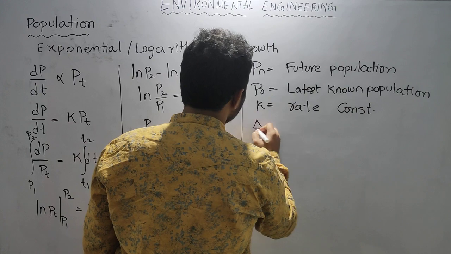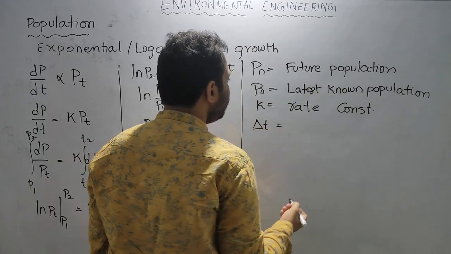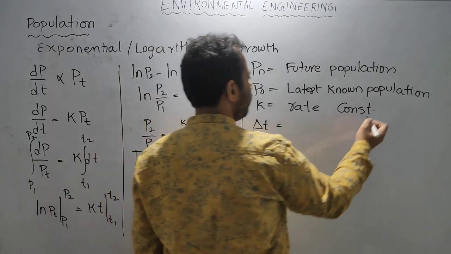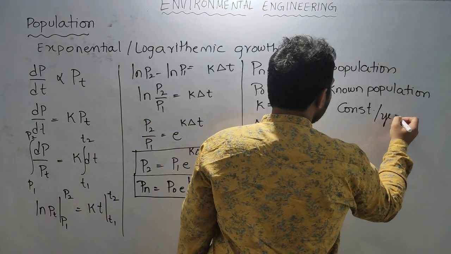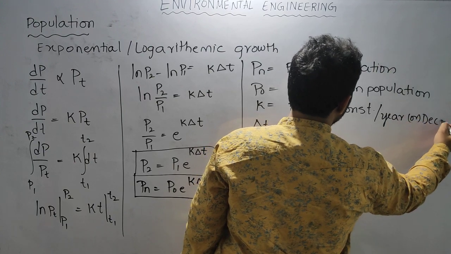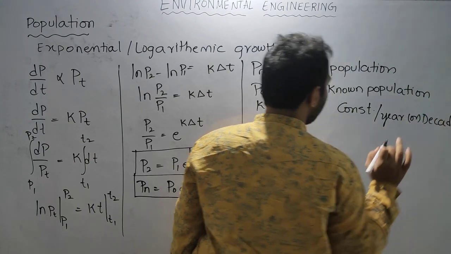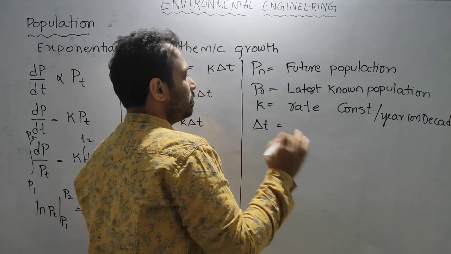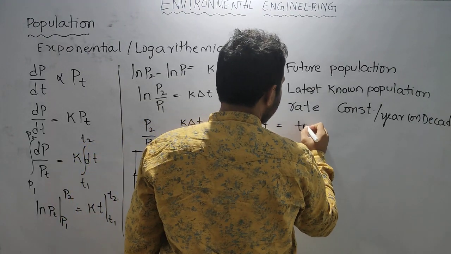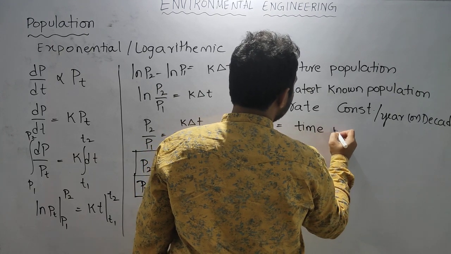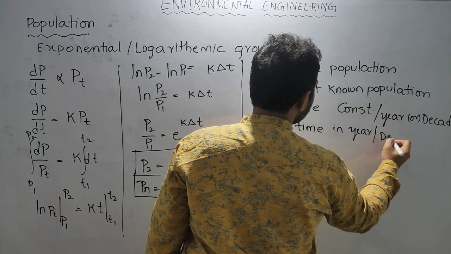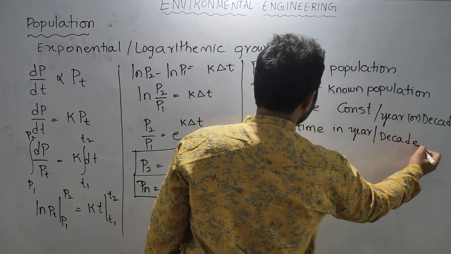Rate constant may have any unit. We can take it either per year or per decade, but subsequently delta t should be in years or decades. You need to look at the rate constant value.